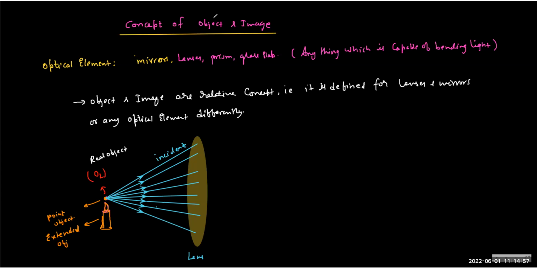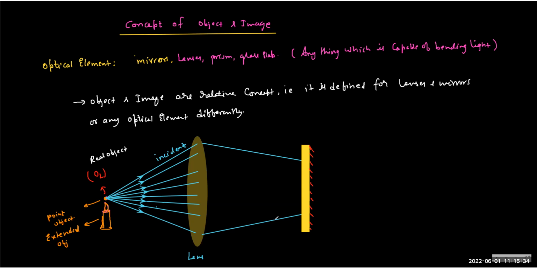So imagine that after the refraction, the light ray is going this way. I'll just take two. But in the path, you bring a mirror. So you have brought a mirror in this path. Can you repeat the real object definition again?